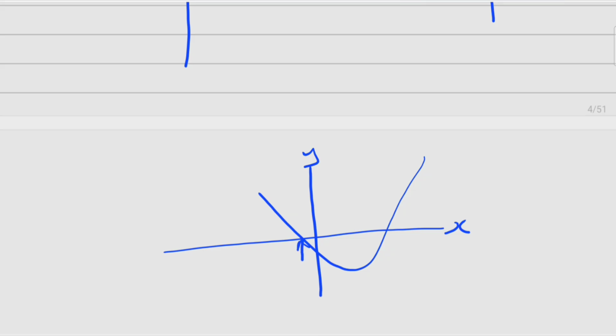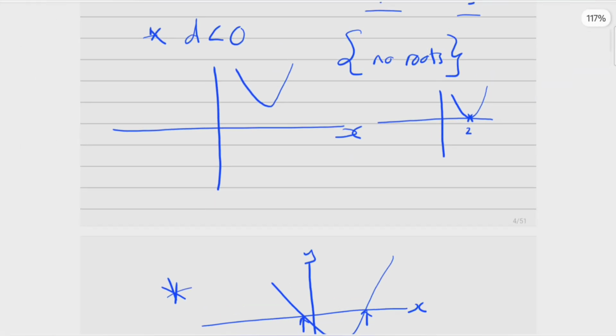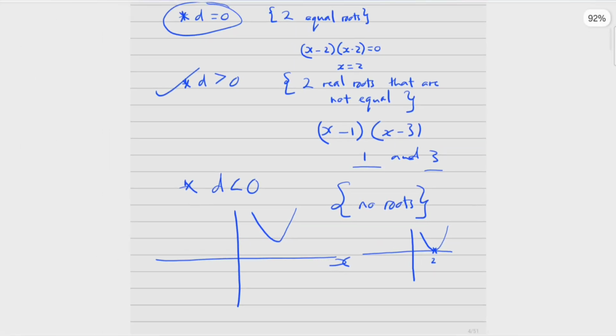We get two different answers. So for the second situation, we have two different numbers as our solutions. That's why we wrote here we have two real roots that are not equal. So the curve is definitely crossing the x-axis, right?